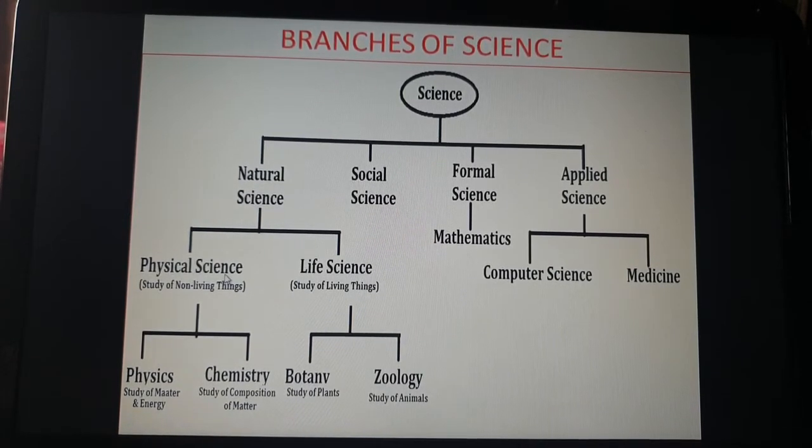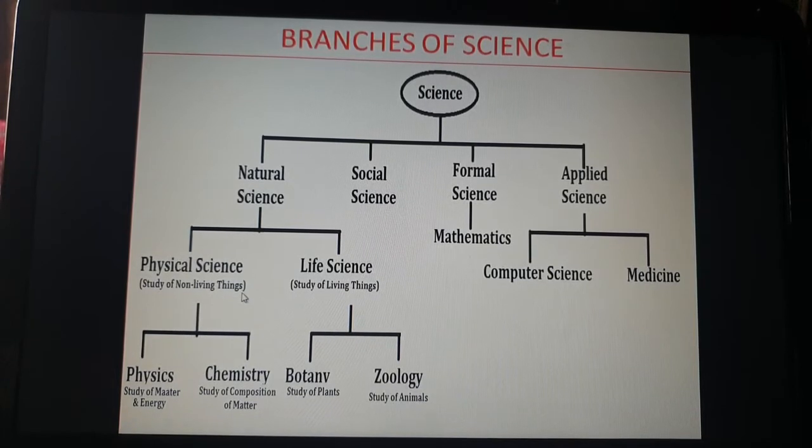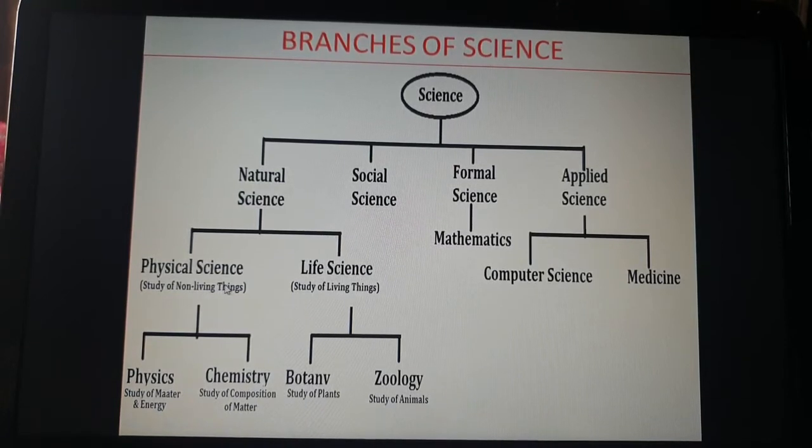In physical science, we shall study non-living things, that is, things which do not have life. For example, if I am studying a table, a football or something else which does not have life, the study of such things is called physical science.